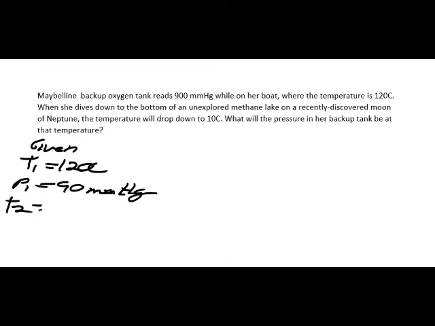So the given is temperature 1 is 120 Celsius. Pressure 1 is 90 millimeters. T2 is 10 Celsius and P2 is unknown. So P1 over T1 equals P2 over T2.